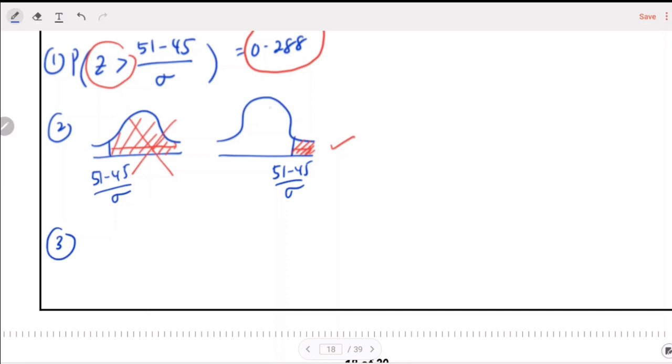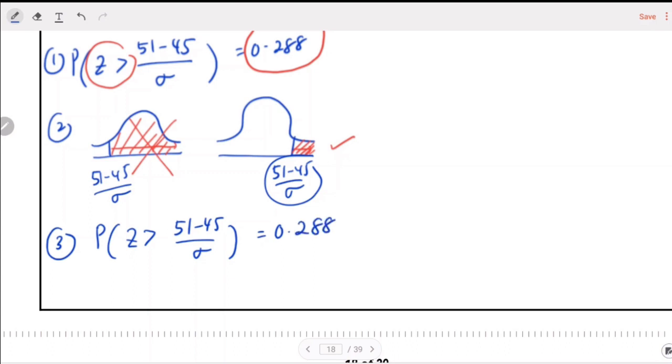But since we didn't shade the middle part of our bell shape, we don't need to put 1 minus. So we just take probability Z greater than this value here, which is equal to 0.288. We don't need to multiply it with a negative number because our Z lies on the positive side. So we don't need to put negative.